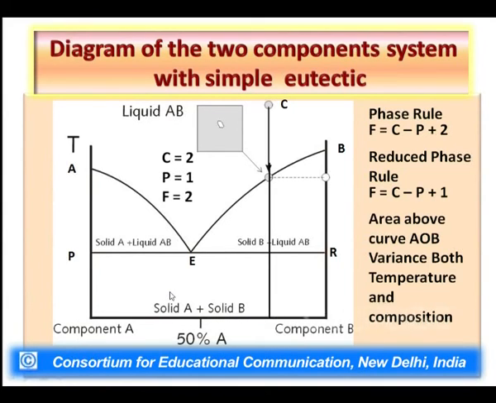At eutectic point, since we have both the solids, we have two solid phases and one liquid phase. So, at eutectic point you have three phases in equilibrium.